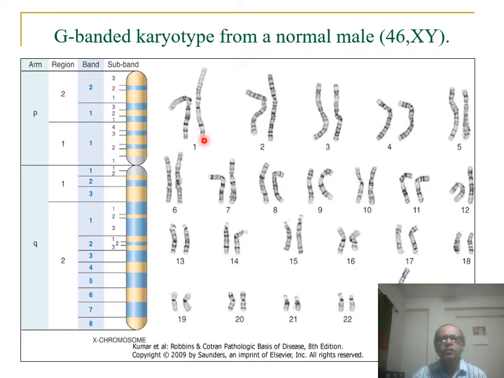The longest chromosome is number 1 and the shortest is 22. Here is the short arm and this is the long arm of the chromosome, which are divided by the centromere. The short arm and long arm are also subdivided into region, band and sub-band.